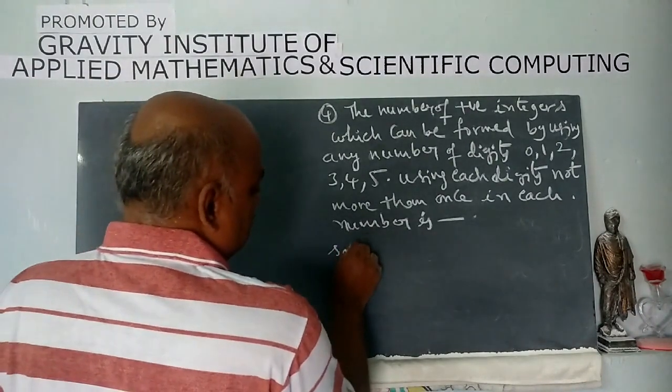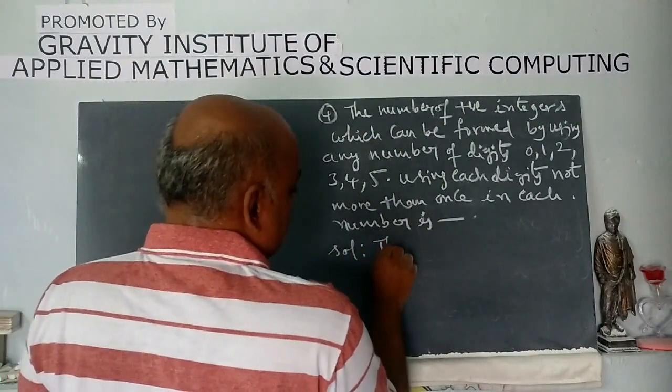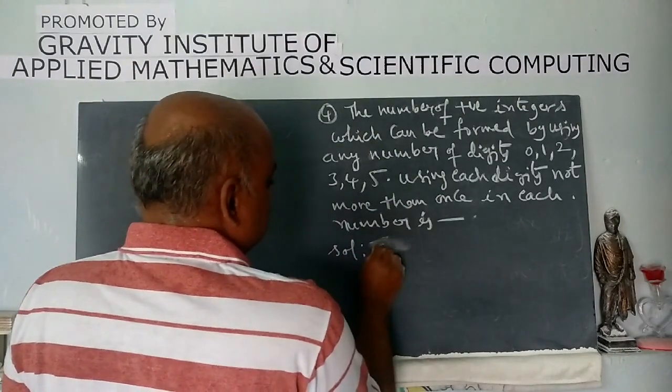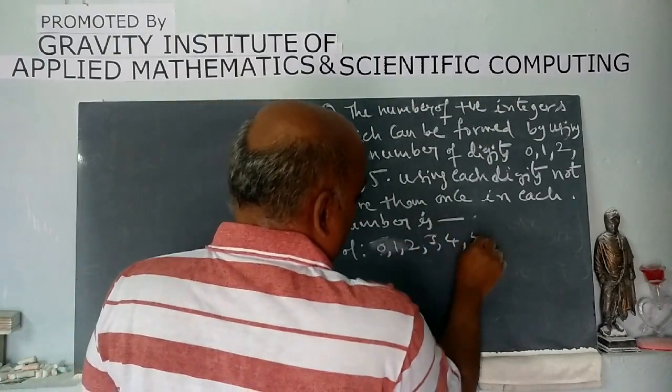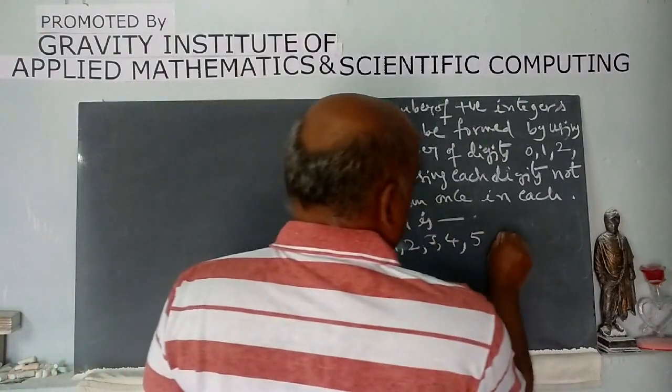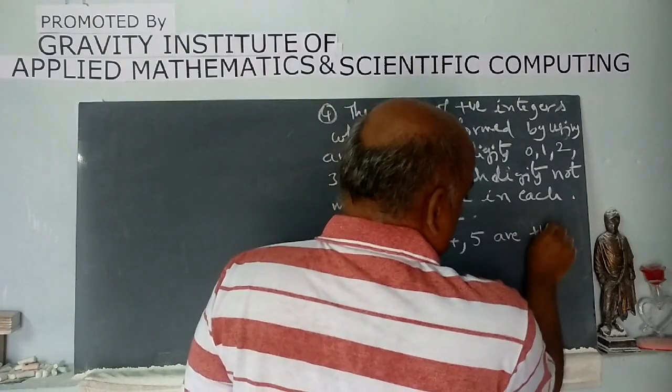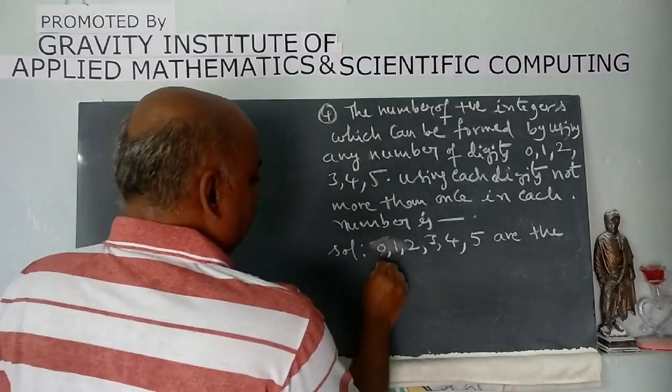Solution. The given digits 0, 1, 2, 3, 4, 5 are the given digits.